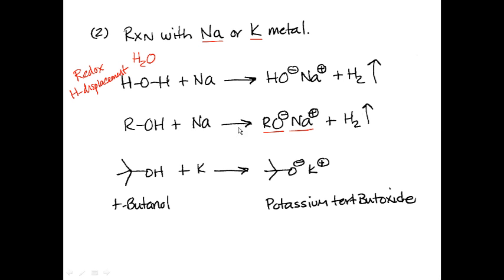But you can actually do this reaction fairly straightforwardly. As a matter of fact, one of the early preparations, and still probably the best preparation of potassium tertiary-butoxide, if you remember, potassium tertiary-butoxide is what we used to do E2 reactions because it was our sterically hindered strong base.